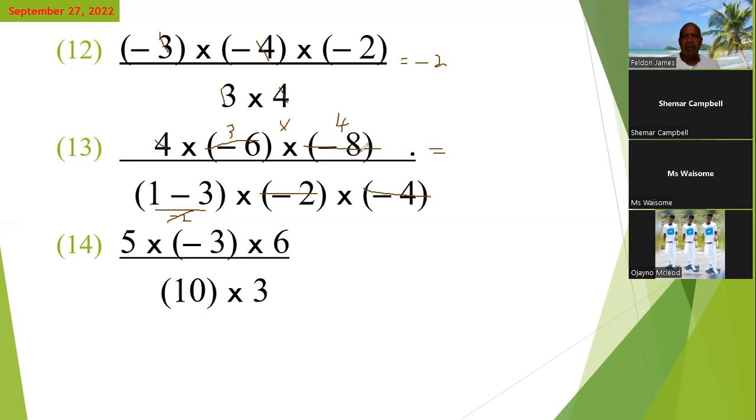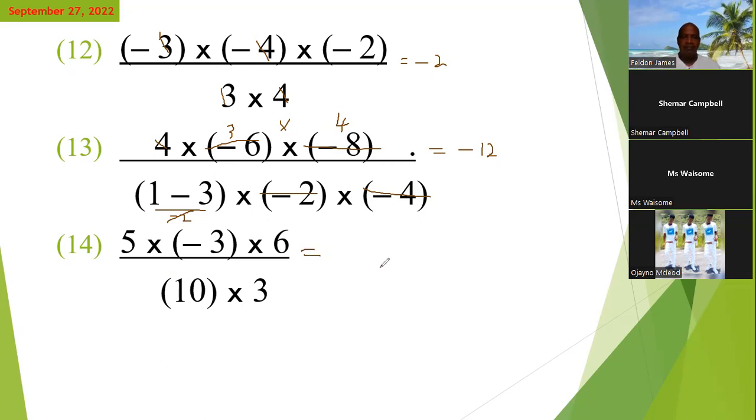Positive. How many negatives in the answer? Also the answer should be negative 12 in total. So that one needs a change. Okay, we have 5 negatives in the answer, and 5 is an odd number, so the answer is going to be negative.